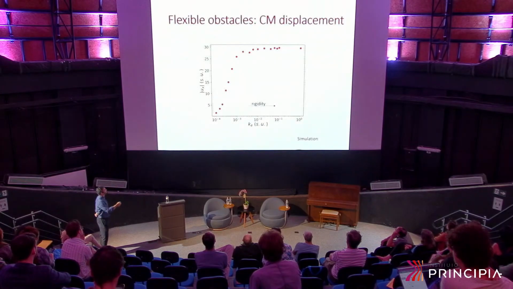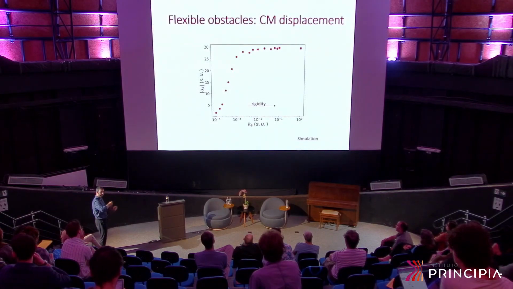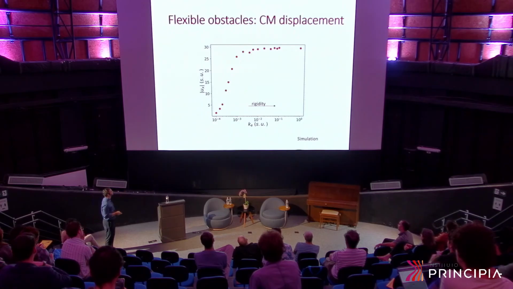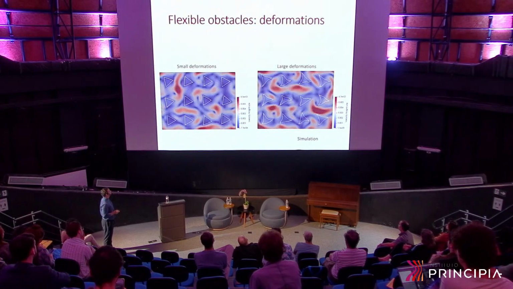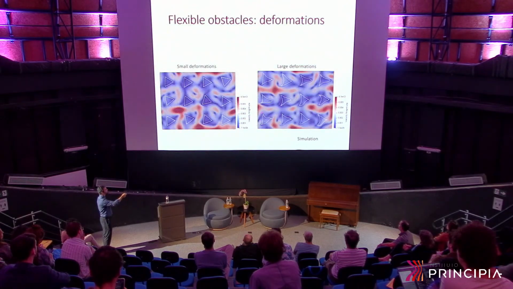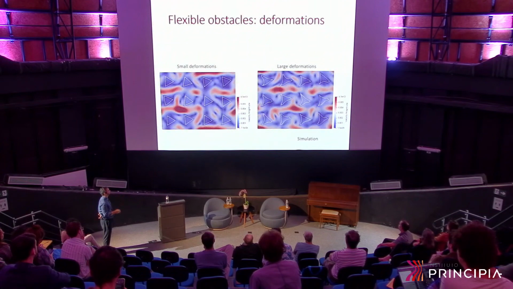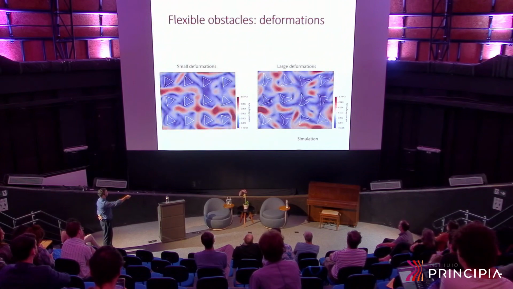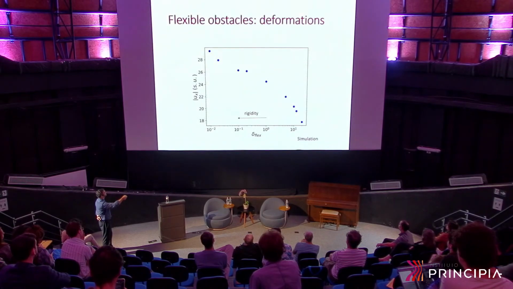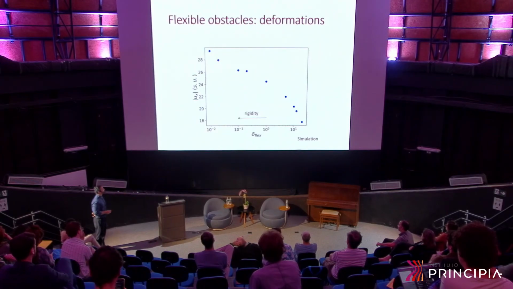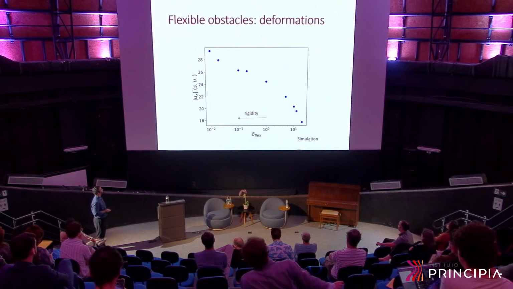When we increase the rigidity of this spring that attaches the obstacle to the center, the velocity increases. So again, we need some rigid obstacle to guide the flow. And if you have more flexible triangles that could distort, here more rigid and here more flexible, when we increase the rigidity again, it pumps more.